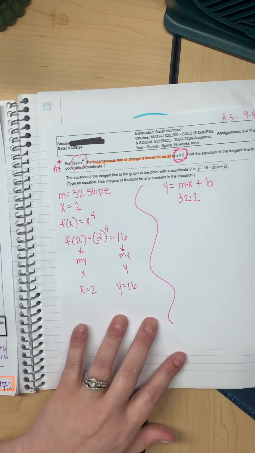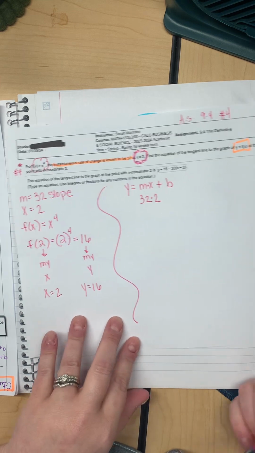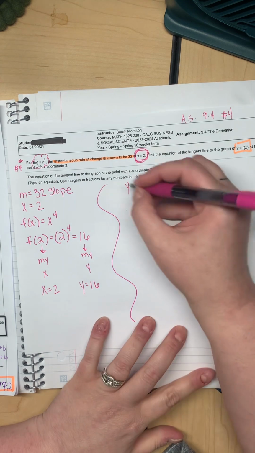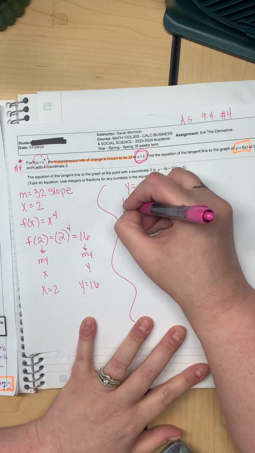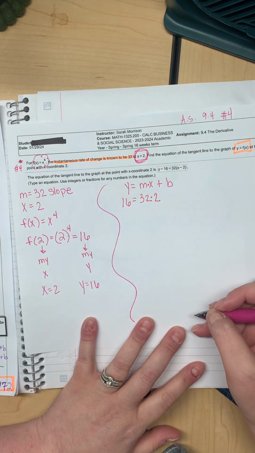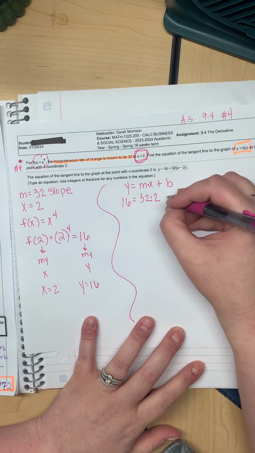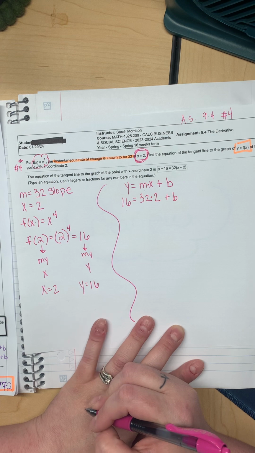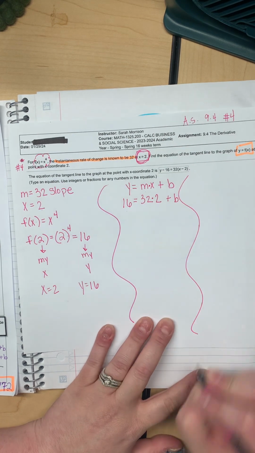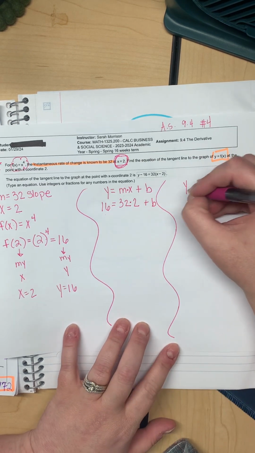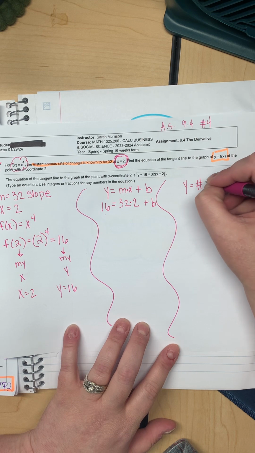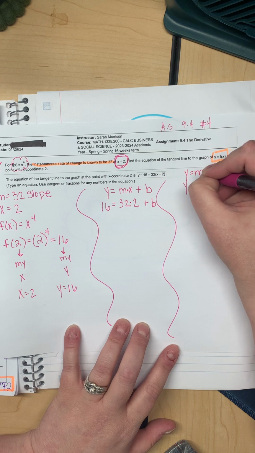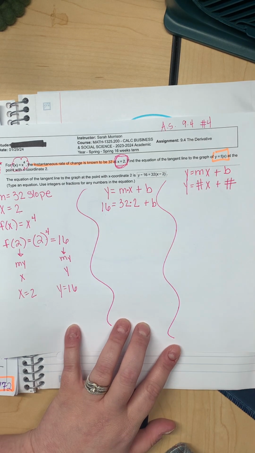Okay, now I'm going to put that 16 into this y equals mx plus b that we were working on. So that y is now 16. And I don't know what the b is, so I'll just put plus b. The final answer is supposed to look like y equals a number x plus a number, instead of y equals mx plus b.